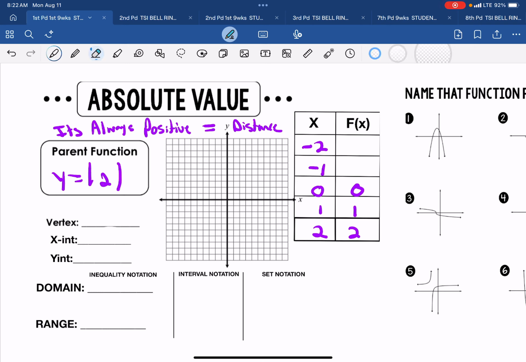Now, when it's positive, it doesn't matter whatever we put in there. But when it's negative, like this, absolute value of negative 1, we're actually measuring the distance from 0 to negative 1. How far does it go from 0 to negative 1? It goes 1 unit. That's why we say absolute value is always positive, because it measures distance. Is there such thing as we went a negative distance?